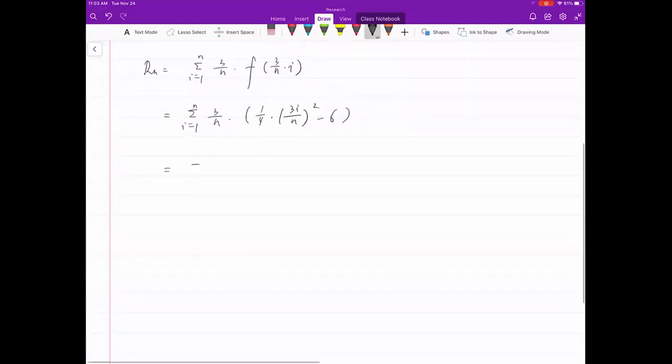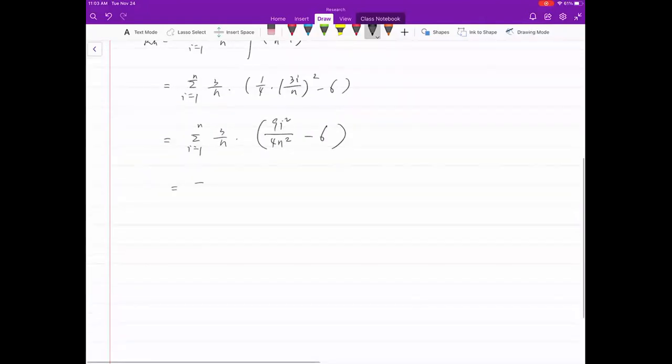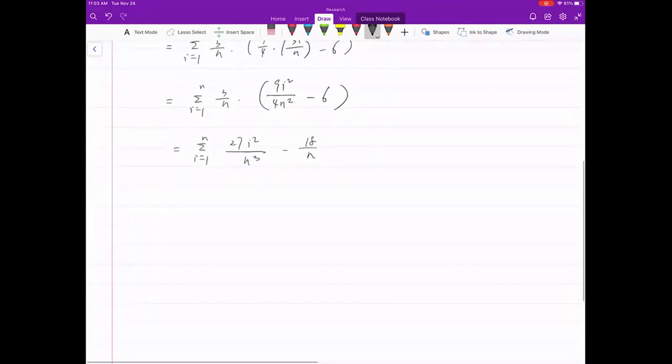Okay, which is, keep simplifying, 3 over n times (1/4 times 9 i squared over n squared minus 6), which is 27 i squared over 4 n cubed minus 18 over n. That will be the final thing.